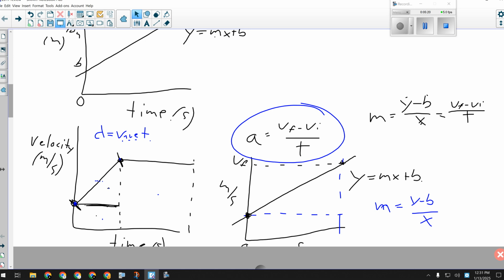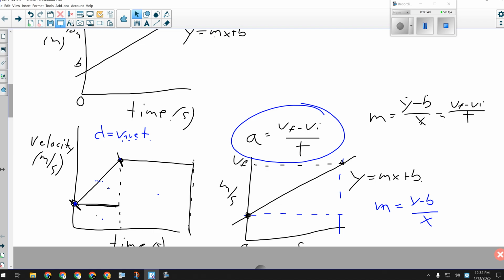On this type of graph, we were also asked lots of times to calculate the displacement of the object, and that's where we want to use average velocity times time, and we talked about how calculating the area between the line and the x-axis is taking the average velocity. For this part here, the velocity is constant, so taking the base, the time, and multiplying it by the height, the velocity, I would get the displacement.